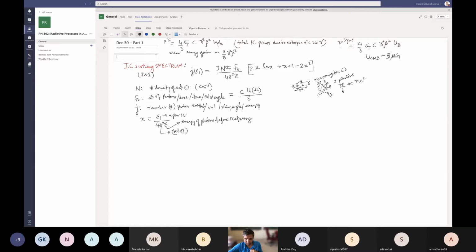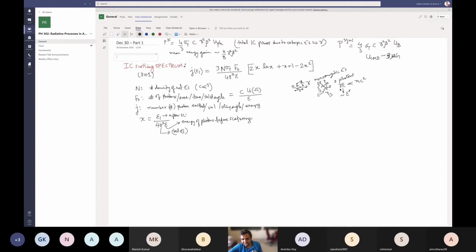Gamma epsilon is roughly epsilon prime, right? So epsilon prime is the energy of the photons in the electron rest frame, okay? And this we obtain from the Doppler formula by putting theta equal to pi by 2, so that cos theta, assuming isotropic electron distribution, just gives you 0.